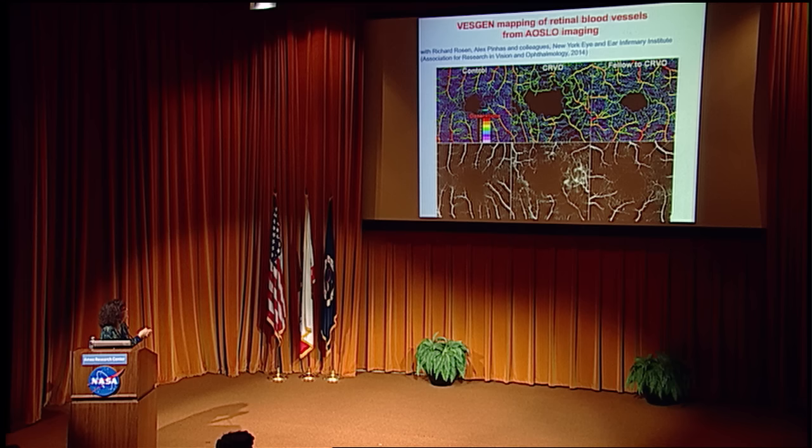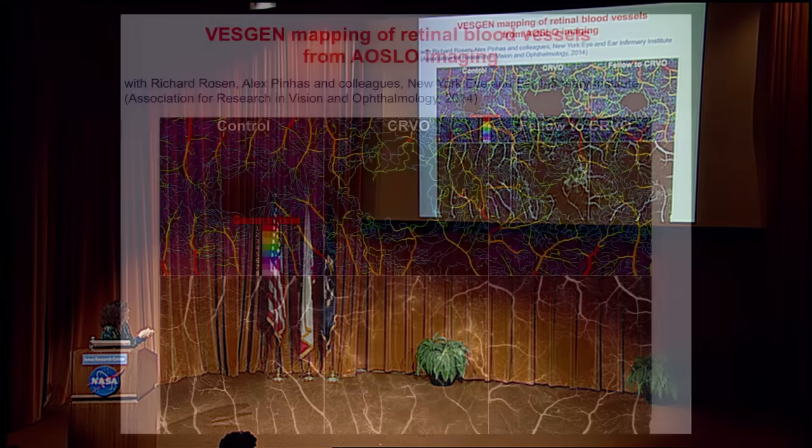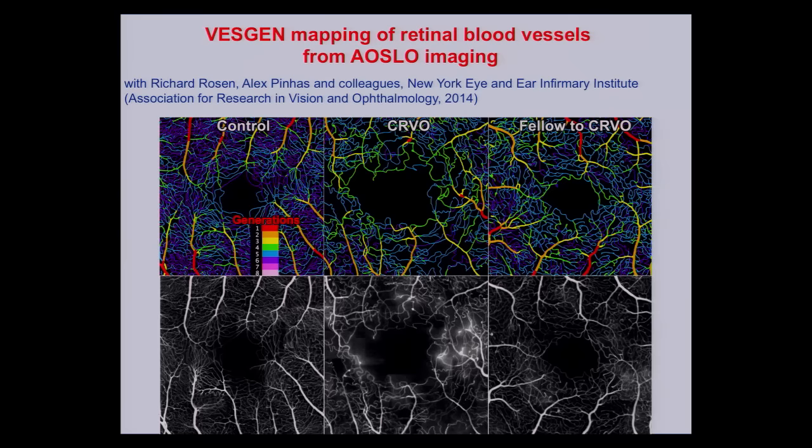So we were able to map the vessels and compare them with a normal healthy control, where you see the avascular area of the macula, again, very important for human and primate vision, compared to the loss of vessels in CRVO, and an intermediate state in the fellow eye of this particular patient.